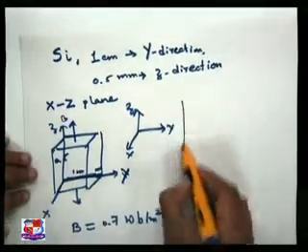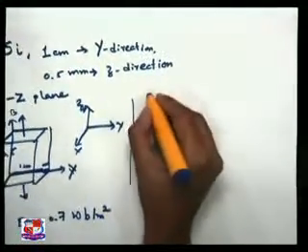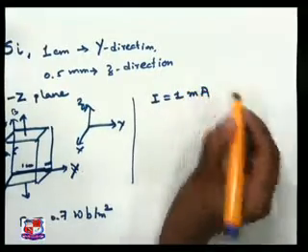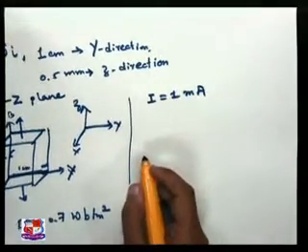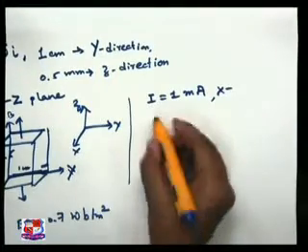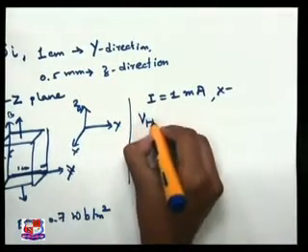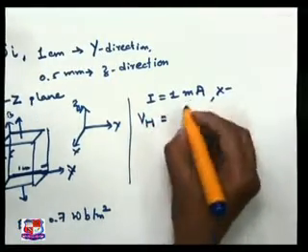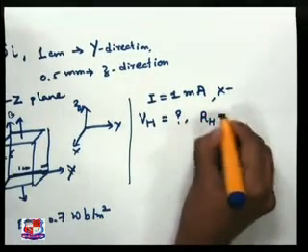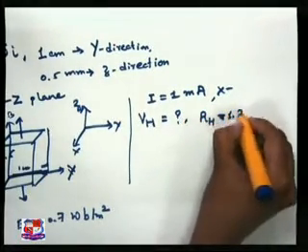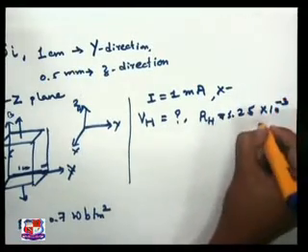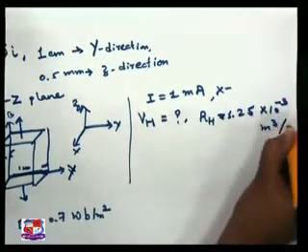Again they are giving some more information. I is equal to 1 milliampere and it is flowing in x direction. Now we have to calculate the Hall voltage measured by the probes if the Hall coefficient RH is given as 1.25 into 10 raised to minus 3 meter cube per coulomb.